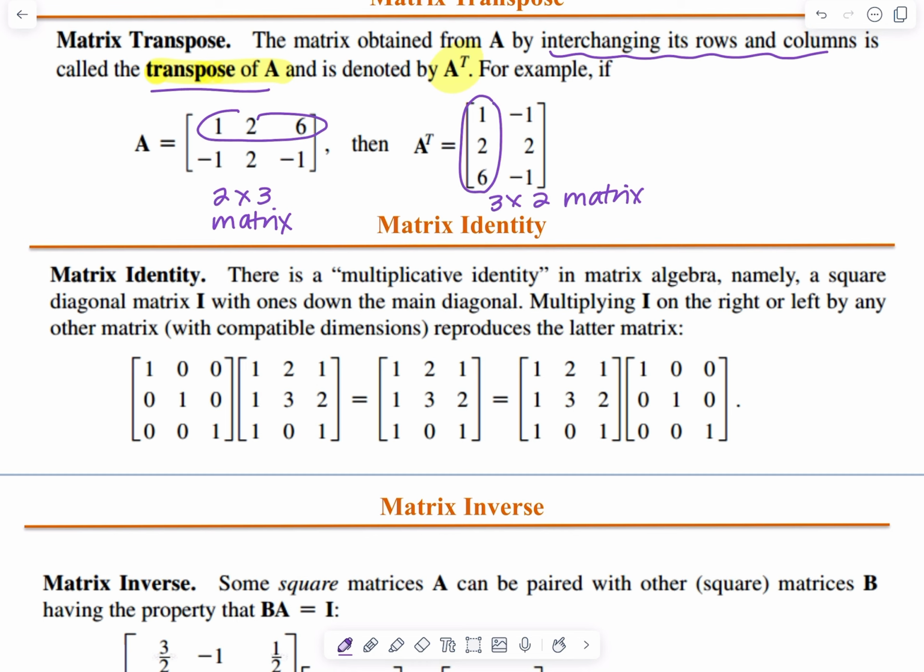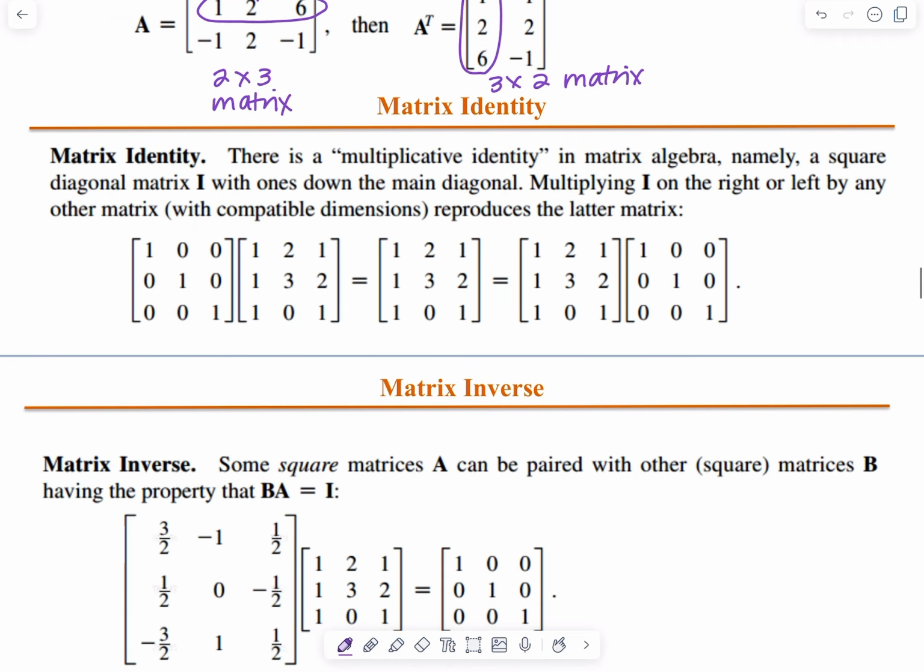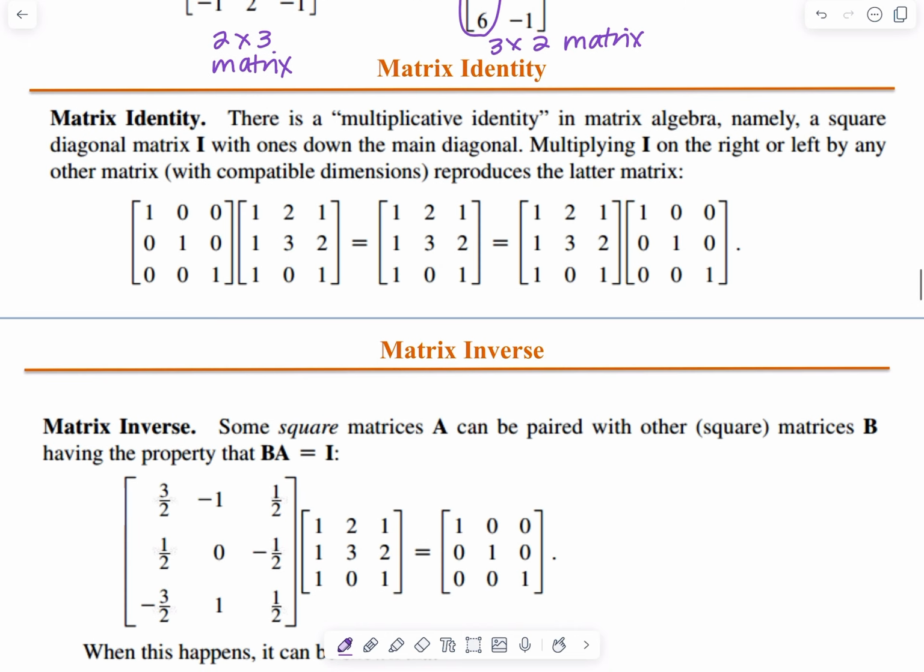Okay, a matrix identity. There is a multiplicative identity in matrix algebra, and it's called a square diagonal matrix I, and you can see it right here. That's our square diagonal matrix.